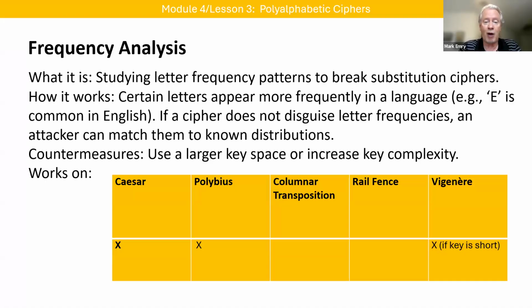To counter that, we use polyalphabetic encryption, like Vigenère we just talked about, or randomized substitutions. So frequency analysis works on Caesar ciphers, Polybius, it doesn't work on columnar transposition, sorry. And it works again on Vigenère if the key is short.